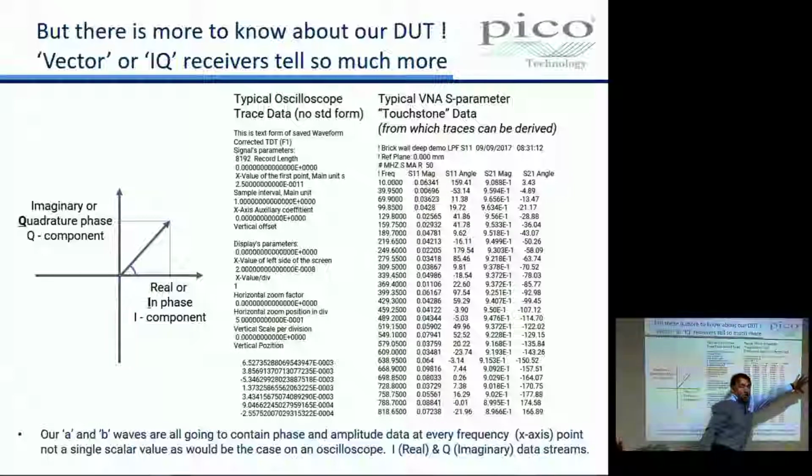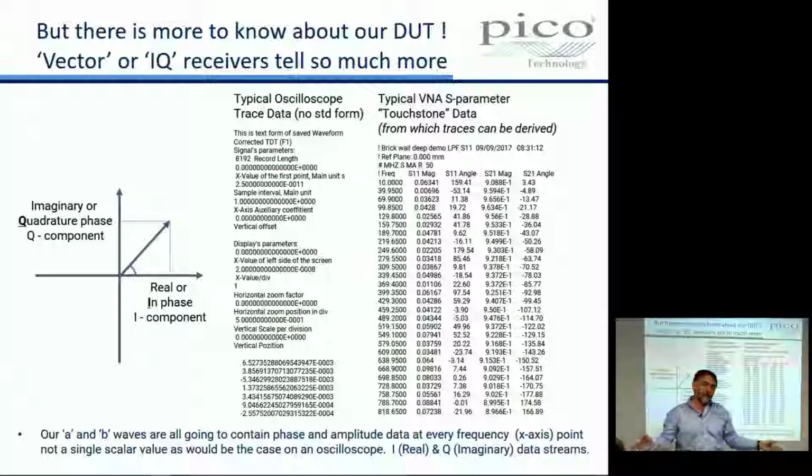And there's more over here. So all the data that we're going to be talking about, the A wave, the B wave, the S parameters that come from the A wave and the B wave, they're all vector quantities. They all have a magnitude and phase, and they're originally measured as a real component and an imaginary component.